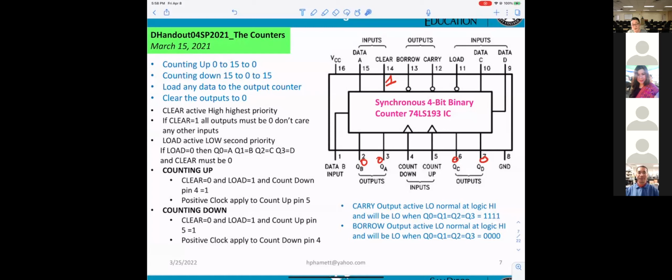When you do it in your lab, you have to do this. At work, normally, you don't. The wires in the circuitry, you never see them broken. So that's only telling you, when you want to test the clear, apply logic 1, and the rest of the other inputs and outputs will be don't care.